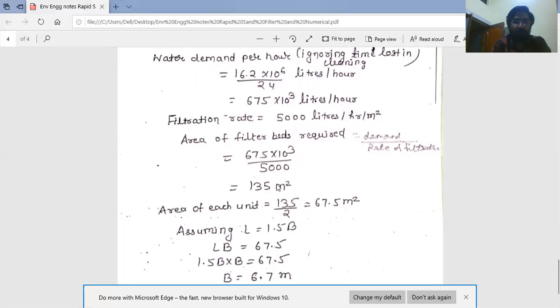Now we use two filter beds, so area of each unit is 135 upon 2 is equal to 67.5 meter square.